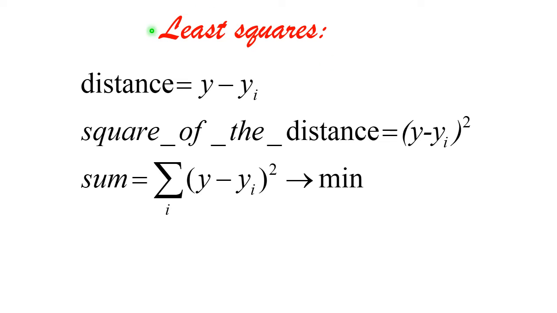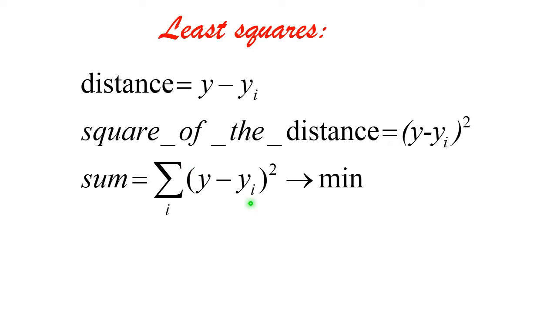So instead, what we do is least squares. We calculate the distance between our calculated value and our measured value. Square this. When we square any number, it becomes a positive number.